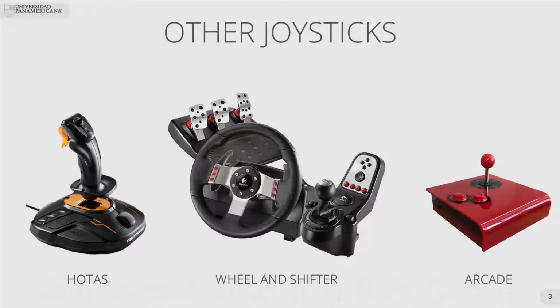One of the most famous is the Microsoft Simulator games. Another kind would be like MechWarrior, and there are a lot of different things that we can do. If you look at the one on the left, you will see that these kinds of devices actually pack a lot of different axes and buttons. For instance, the one on the left is a Thrustmaster HOTAS, which includes 6 buttons on the left.